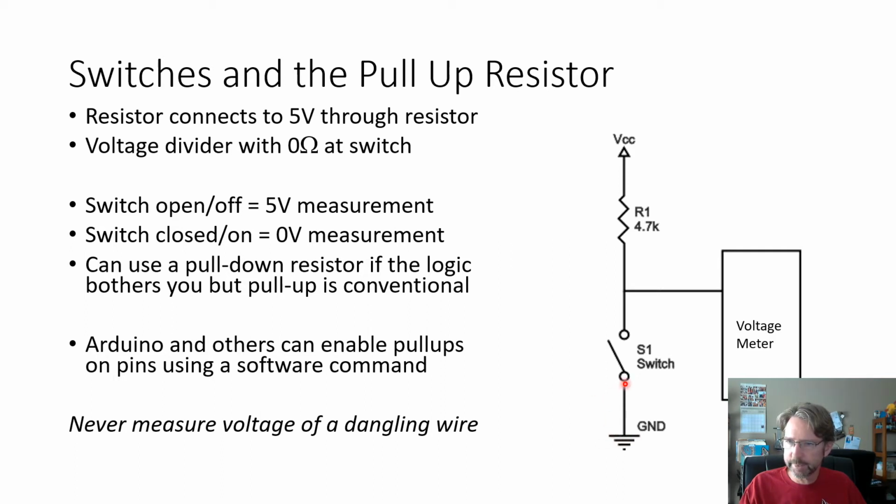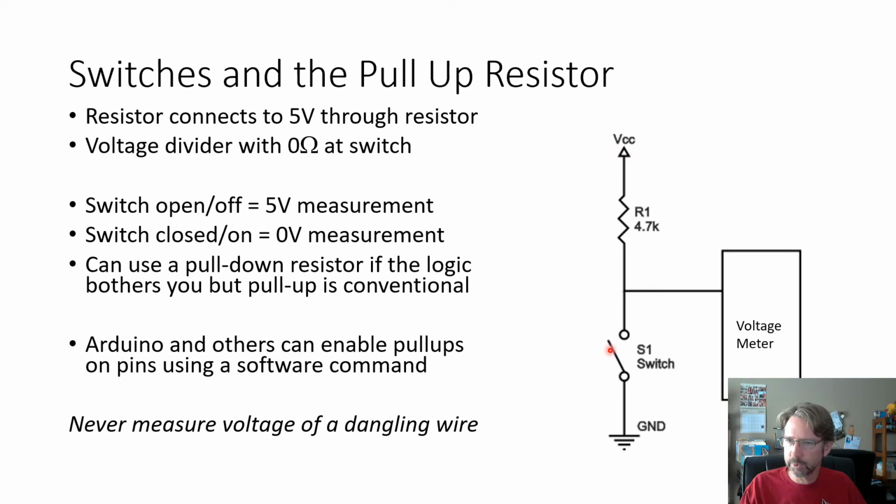But the way this is set up, if the switch is closed, then we have a short circuit to ground, and so it'll measure 0 volts right here. When the switch is open, instead of a dangling wire here, now it's connected to our high voltage, our 5 volts, through this resistor. So this is going to measure 5 volts.